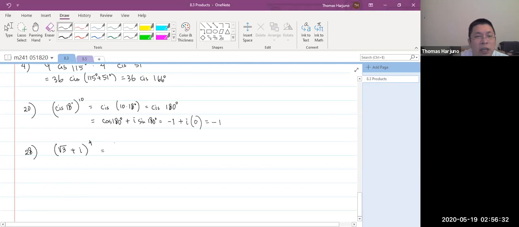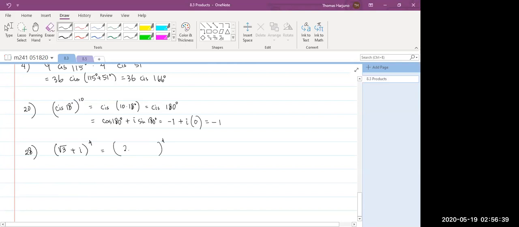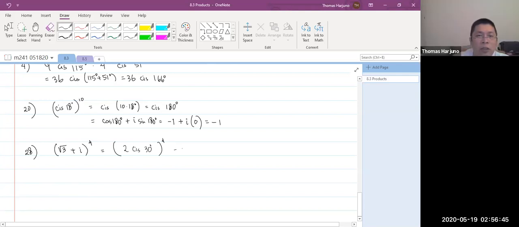Okay, then number 28. What is this in trigonometric form? What is the radius? 2. What is the angle? 30 degrees. So this is 2 to the 4 cis 4 times 30 degrees, which is 120 degrees. 16 cis 120 degrees, which is 16 times cosine 120 degrees plus i sine 120 degrees.